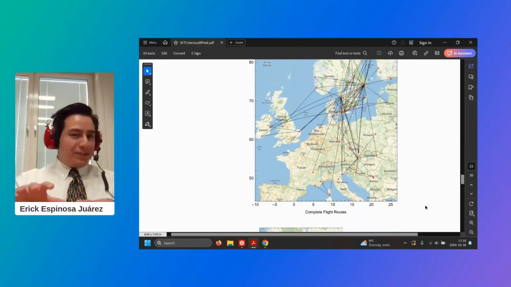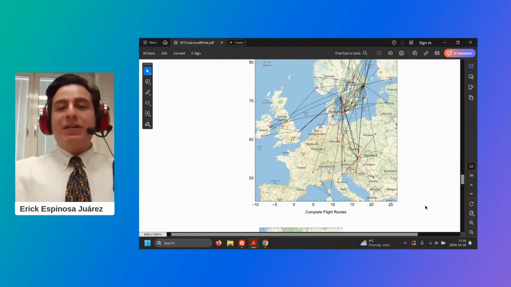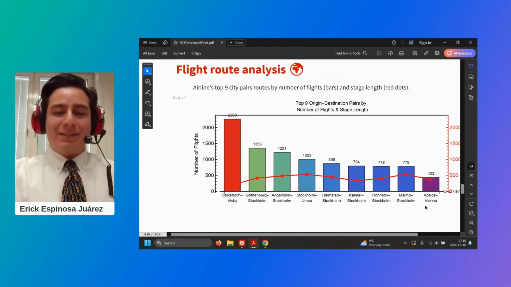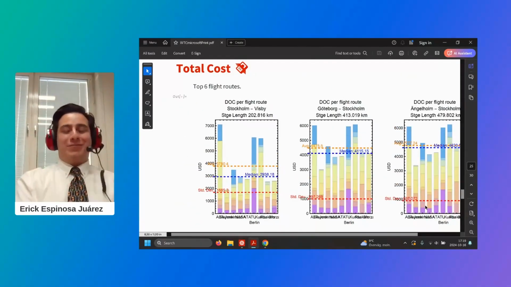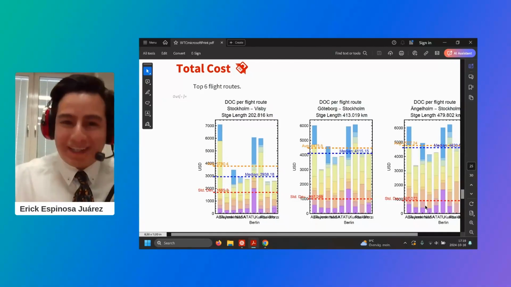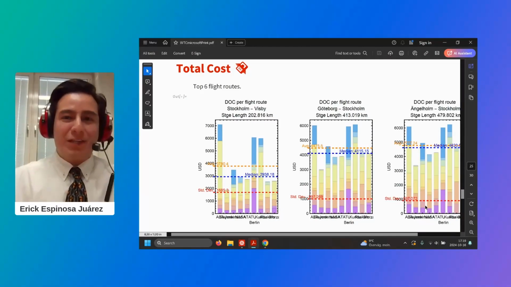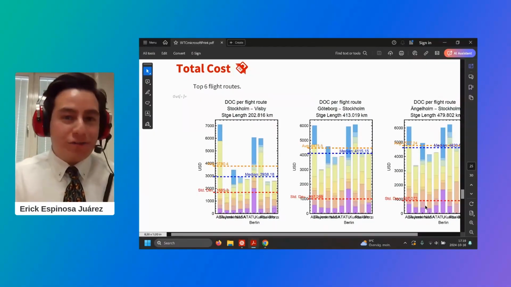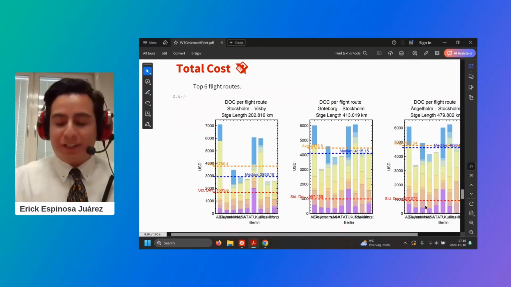But if we couple the existing flight network with the direct operating cost models, then you will be able to get an estimate over here of the whole cost of operating your regional airline. This will give you a lot of insights about, for example, us that we are doing some research on sustainable aviation, about, for example, the cost to beat, since these models only work for conventional airplanes.